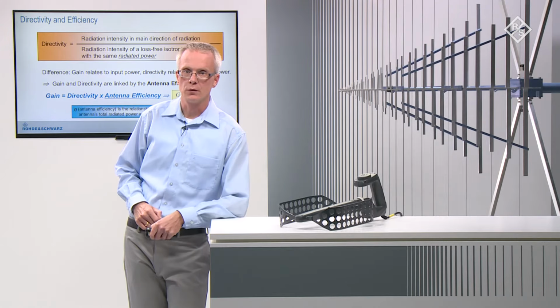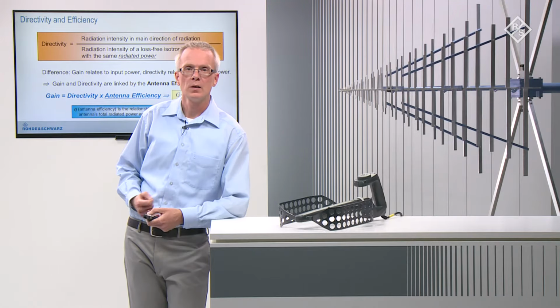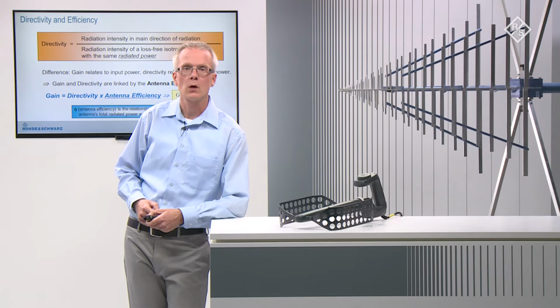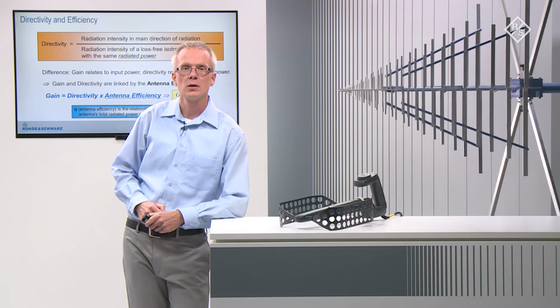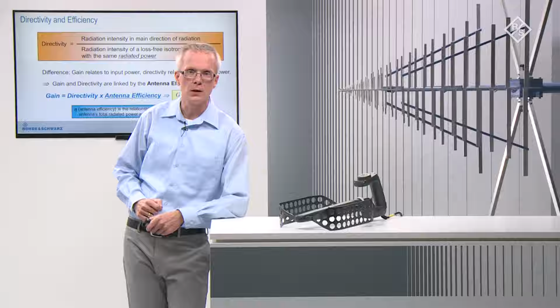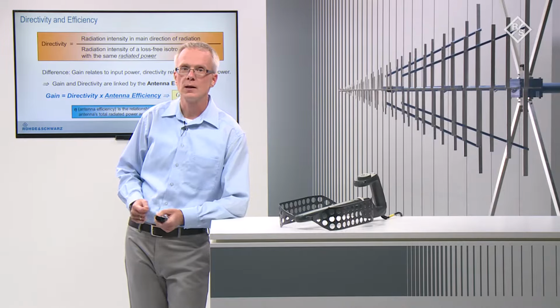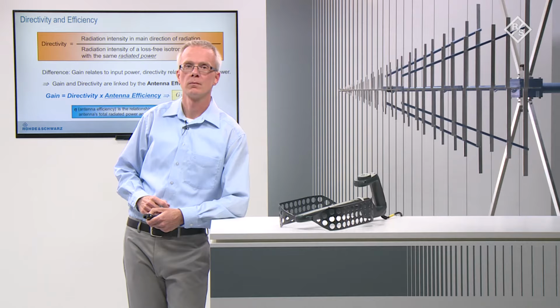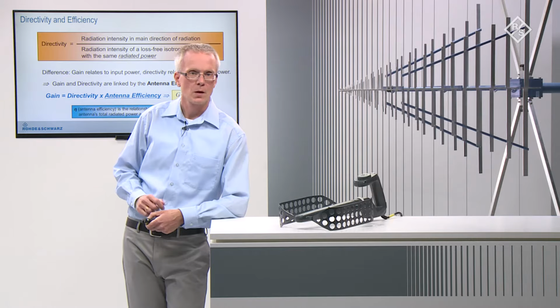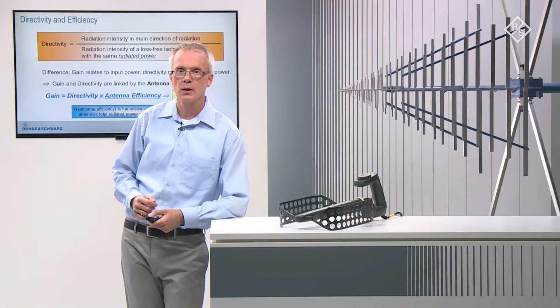The definition of directivity only slightly differs from the gain definition. Directivity, also called directive gain in American literature, relates to the radiation intensity of an isotropic radiator with the same radiated power, while gain relates to an antenna with the same input power. This means that any losses that occur in the antenna are not included in the directivity.